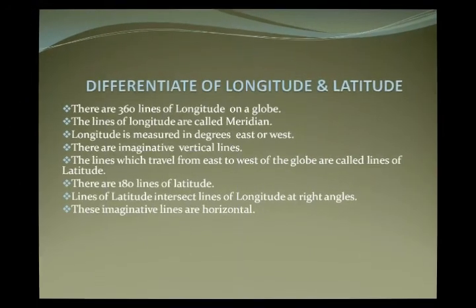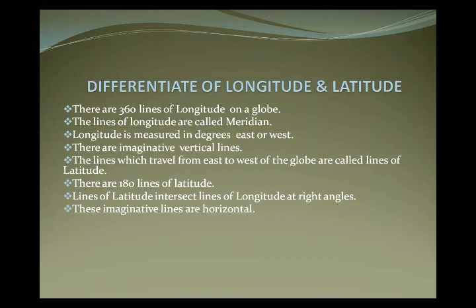Okay? So, first is the globe, which we have already discussed. It is a three-dimensional scale model of the earth. And second is atlas. An atlas is a collection of books of maps, different types of maps like political, physical, and the other maps that we have discussed. And third is longitude. Longitude lines are traveling from north to south, and these lines are 360 in number.